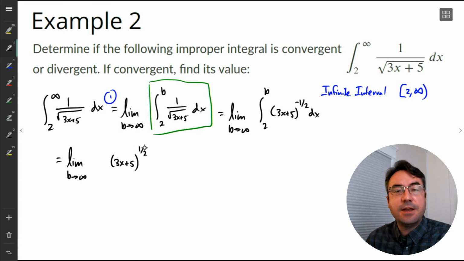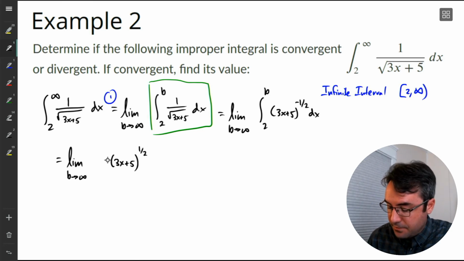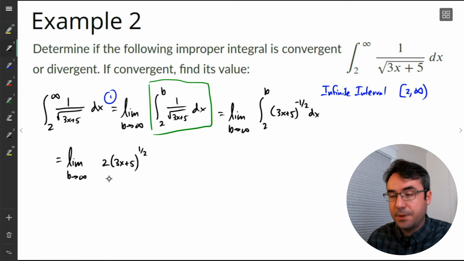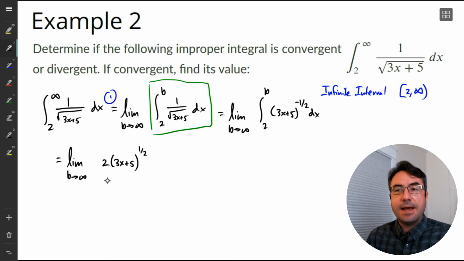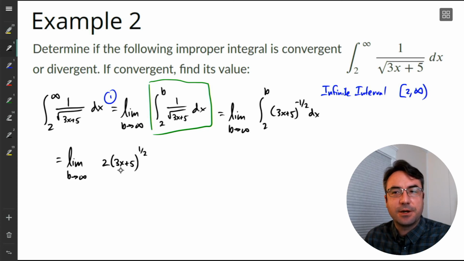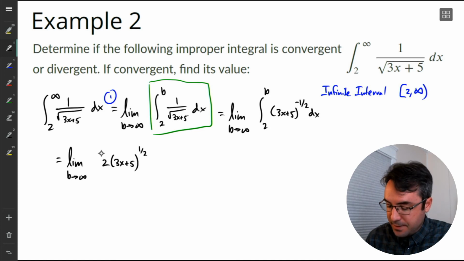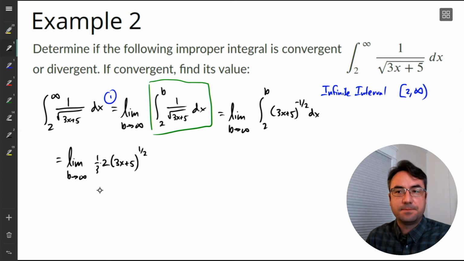We're going to take that new exponent, flip it, put it in front, so that's going to give us a 2. And this is one of our K-form type integrals. So it's almost power rule, but we have to do a little bit of a substitution here. And we have this constant in front of x, so we're going to take that constant, flip it, put it in front as well. So we're going to have a 1/3 in front.